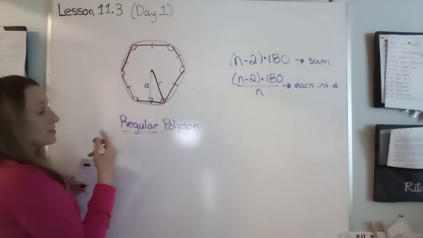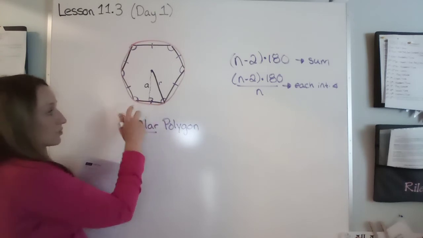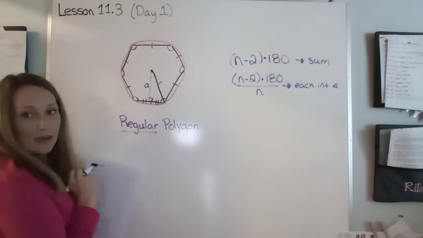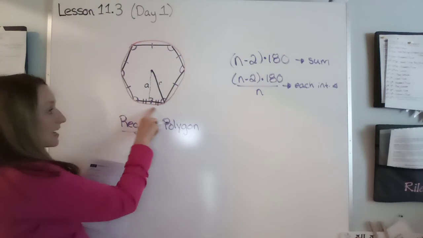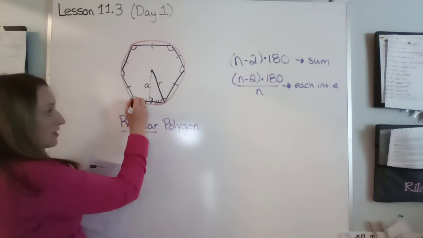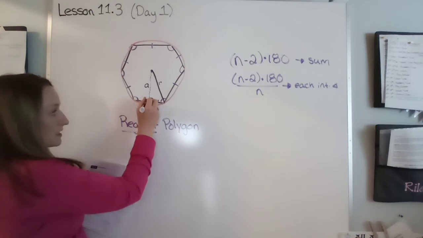Now, the apothem does a few things. I already mentioned it's perpendicular to the side. It also bisects this side. So that's important to know, okay? This side is going to be bisected. It's going to be cut in half. It also bisects, if I was to extend it all the way down, the arc. So let's say the arc measurement is given. You can divide it by 2 if the apothem goes all the way down, right?